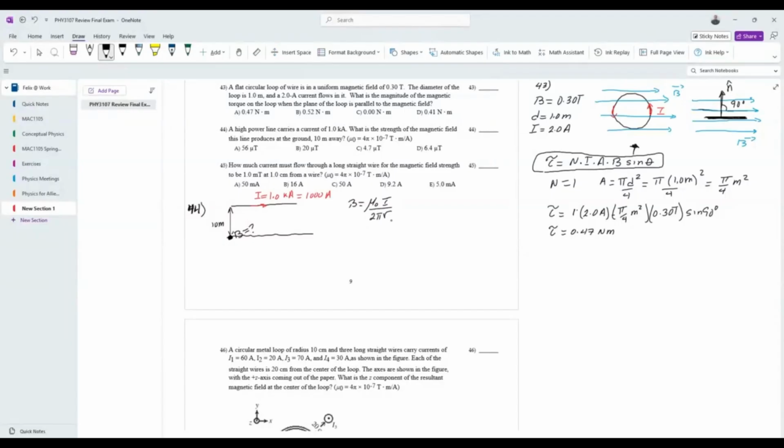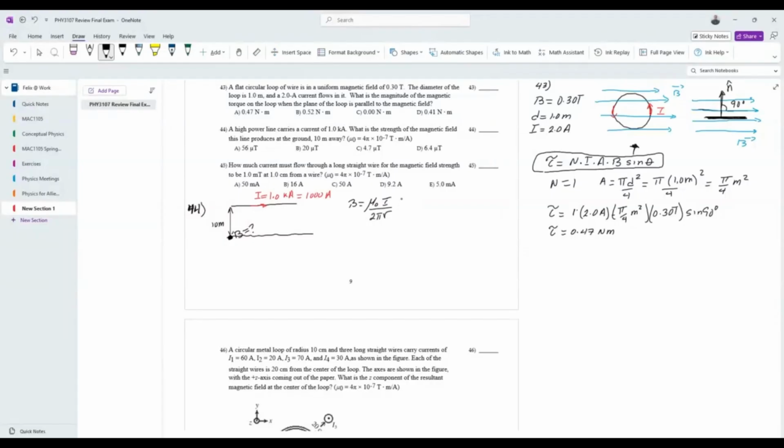So you can see, with the increase of the distance from the wire to the point where you want to calculate the magnetic field, there is a decrease in the intensity of the magnetic field. The closer you are to the wire, the stronger the magnetic field, of course.